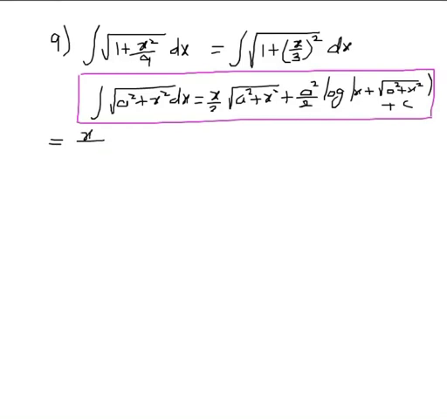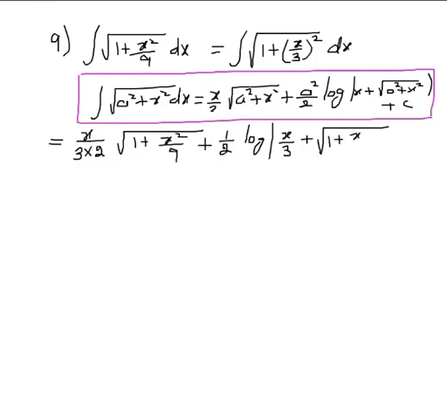X here is x by 3 and 2 is there in the formula. Root of the expression is 1 plus x square by 9 plus a is 1, a square by 2 log of, here x is x by 3 plus root of the expression is the same given expression, and don't forget to divide by the coefficient of x, which is 1 by 3. 1 by 3 is the coefficient of x.